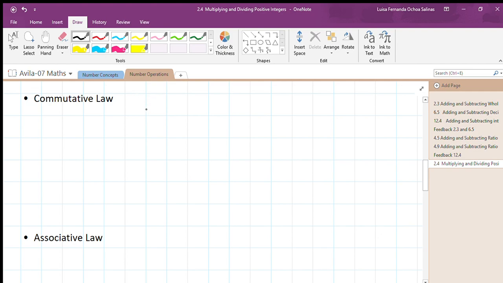So if I'm going to do 5 times 13 times 2, I can rearrange these numbers in whatever way I want, because I'm only talking about multiplication. Be careful. We're only talking about multiplication here. We're not talking about subtraction. We're not talking about division, okay? So that means that I can write this down as 5 times 2 times 13, because I can think that that's easier to do.